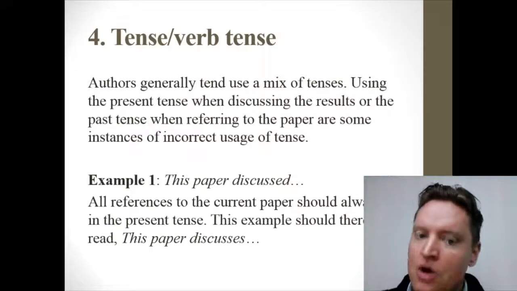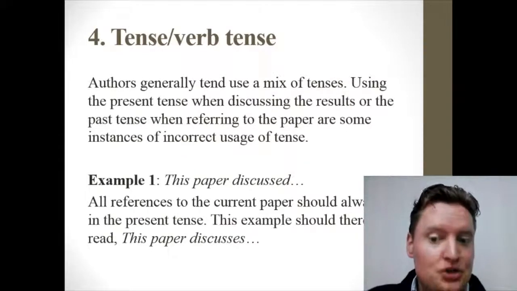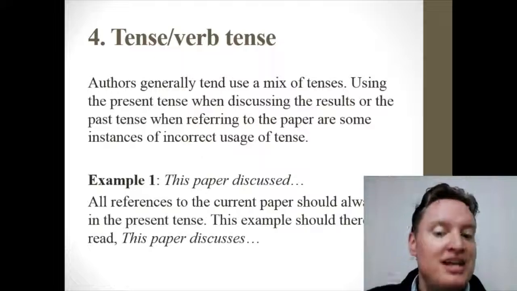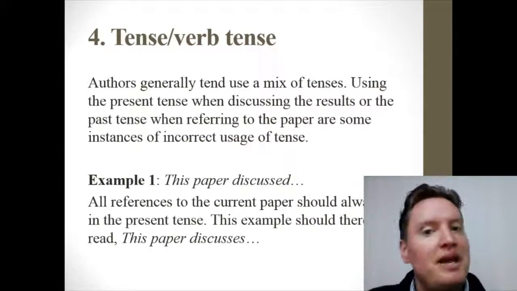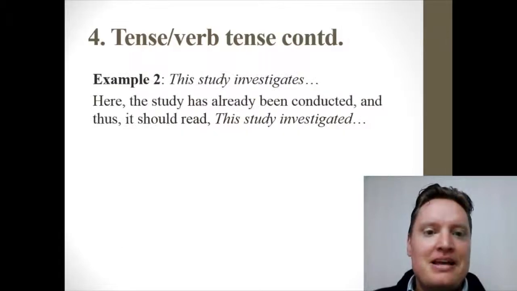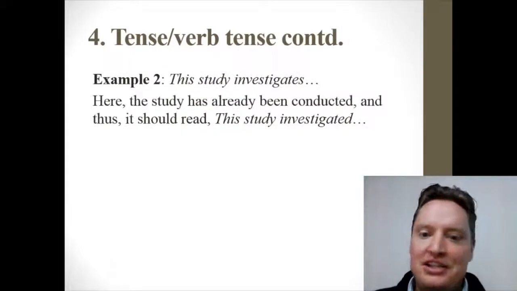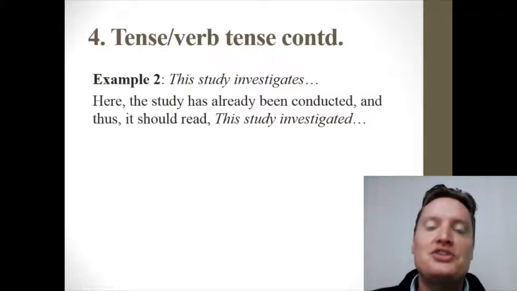One thing to remember, all references to the current paper or article should always be in the present tense. For example, this should therefore read, this paper discusses. This article states. This study investigates. Here, the study has already been conducted and thus should read, this study investigated.